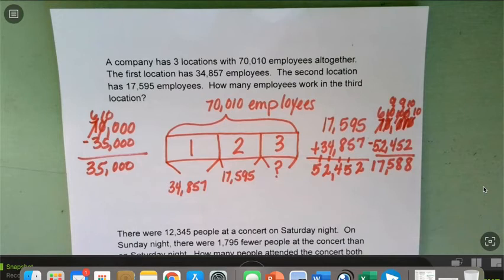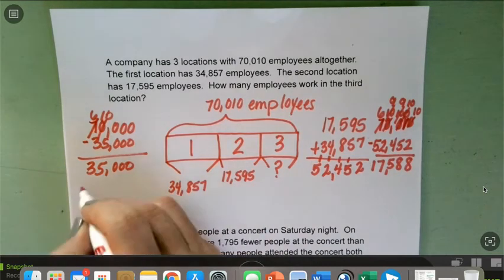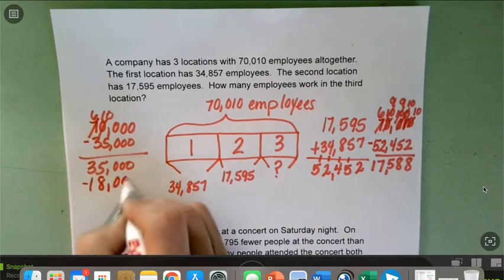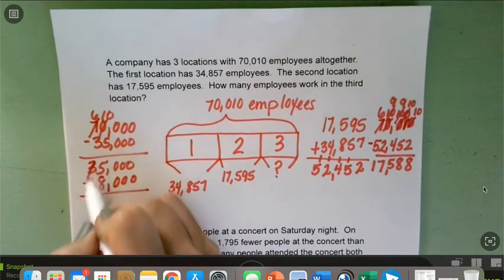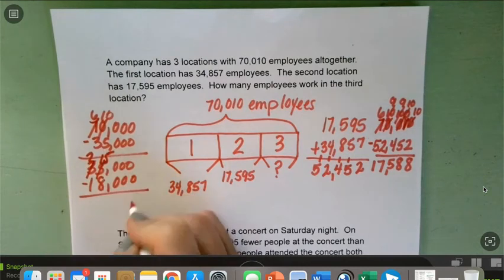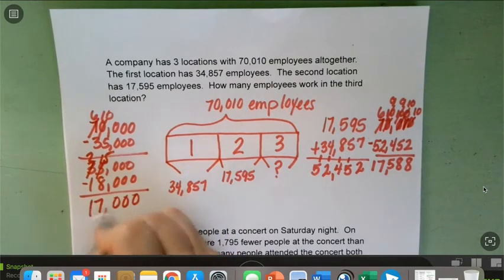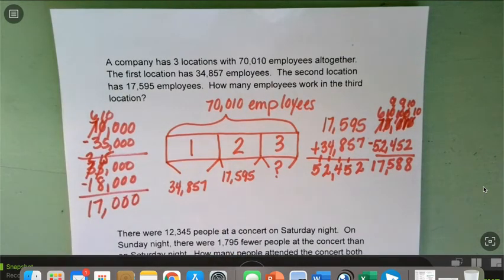So now we're left with 35,000. Now we need to take away this second part. 17,595 rounds to about 18,000. So let's go ahead and use subtraction to do this one. Again, we have all zeros, and I end up with 17,000.